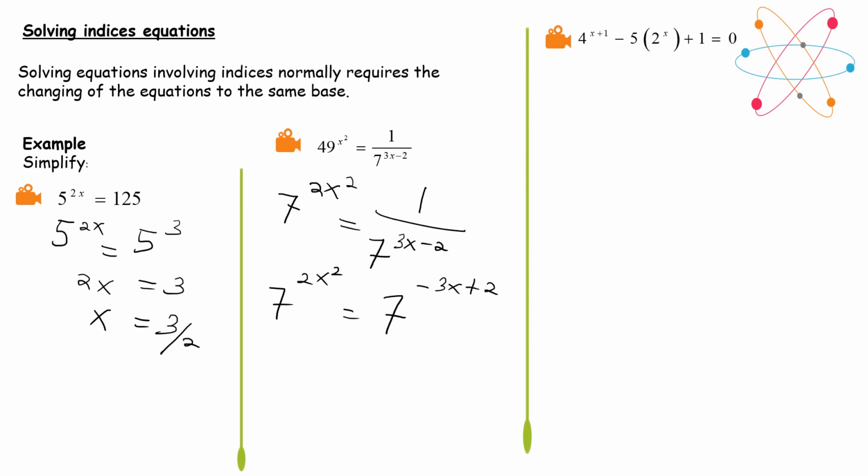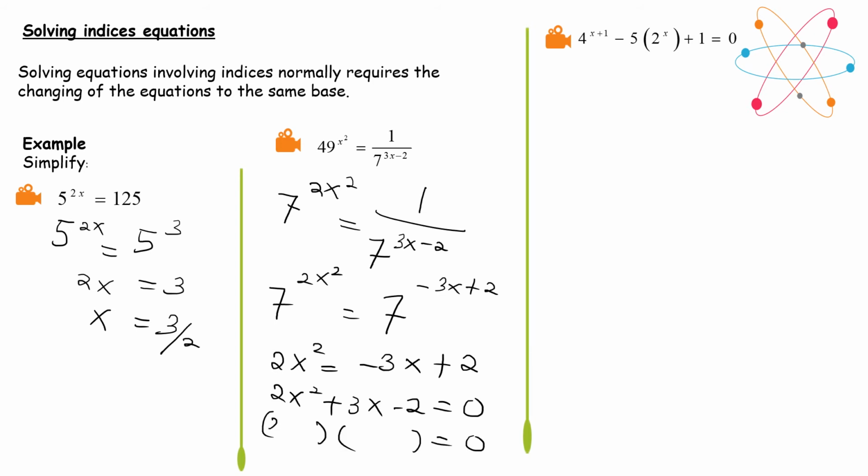Now, both sides have the same base, base 7. So, 2x power of 2 equals negative 3x plus 2. Make it a quadratic equation. Factorize it. So, our final answer is x equals 1 over 2 and x equals negative 2.